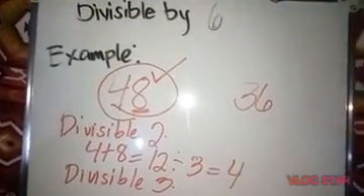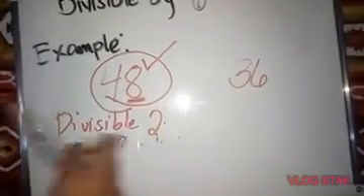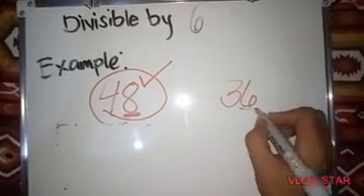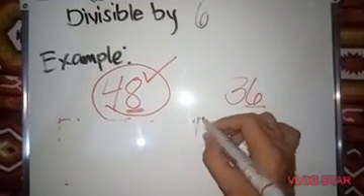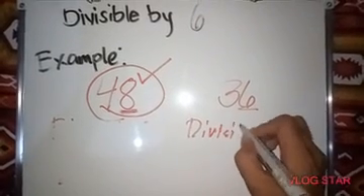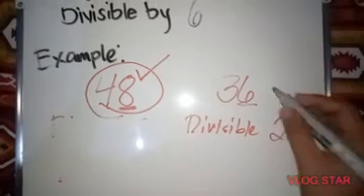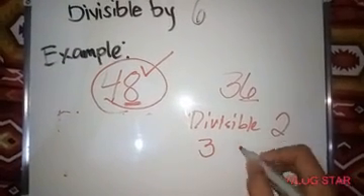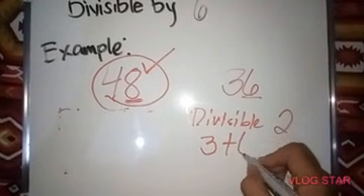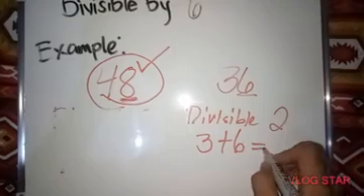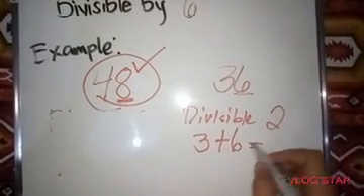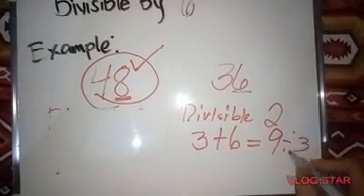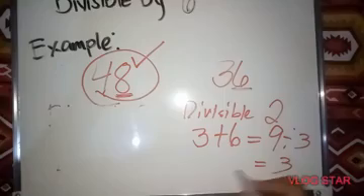Next, 36. Since the ones digit is 6, it is divisible by 2. And let's find out if it is divisible by 3. 3 plus 6, the answer is 9. 9 divided by 3 is equal to 3.